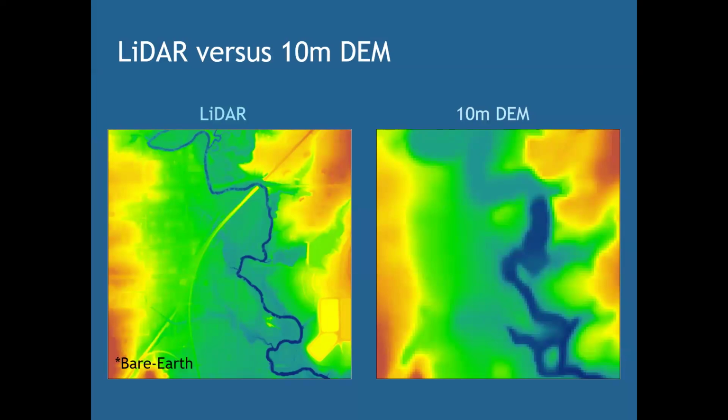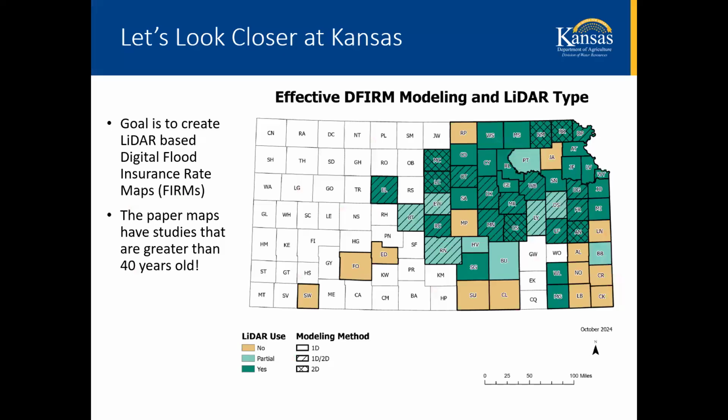And just looking at how our techniques have improved over time. So I said we're using LiDAR at this point in time, so you can see how that's reflected versus the 10-meter digital elevation model. So it's much more detailed, less pixelated, and it's just better data that will more accurately reflect our flood risk.